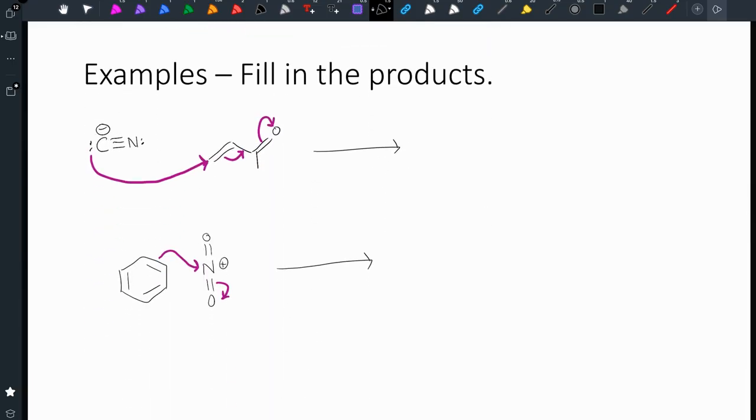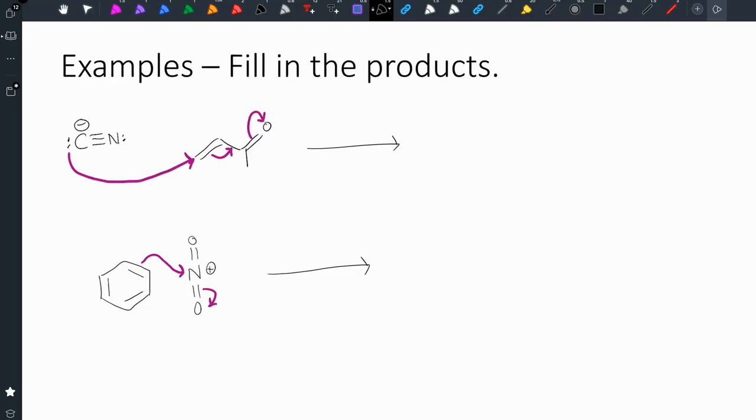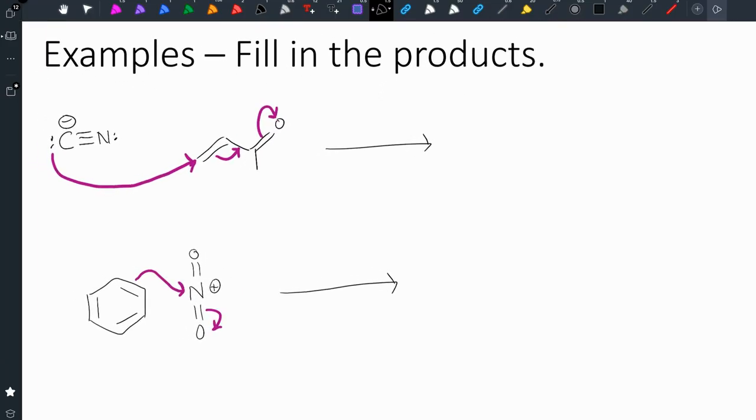So let's look at examples. One kind of problem you'd be asked to do is to look at a set of curved arrows and decide what the products look like. So when you're doing this kind of problem, there's a few things I recommend. Number one, keeping track of atoms is helpful.